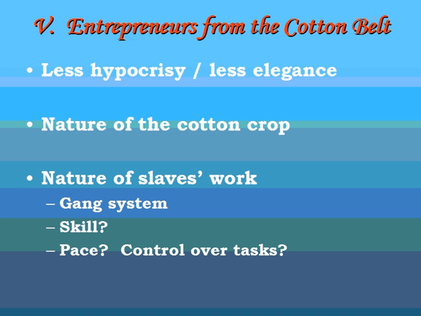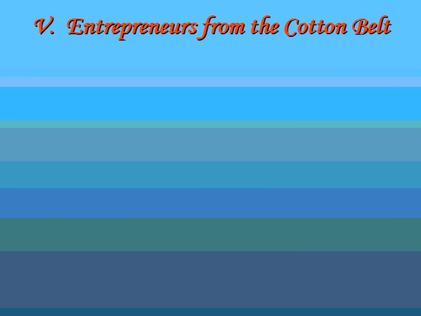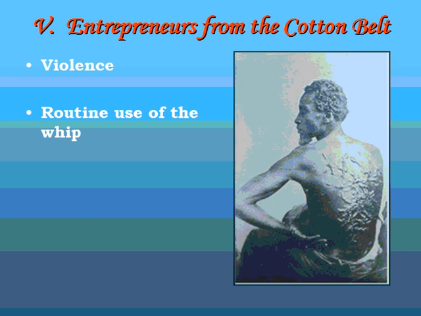We could contrast this with, say, tobacco plantations where the pace might be a little slower, and the slaves would have some degree of control over the work that they were doing. Part of the slave system, of course, had always involved violence. Most historians agree that cotton production involved more violence than other crops.